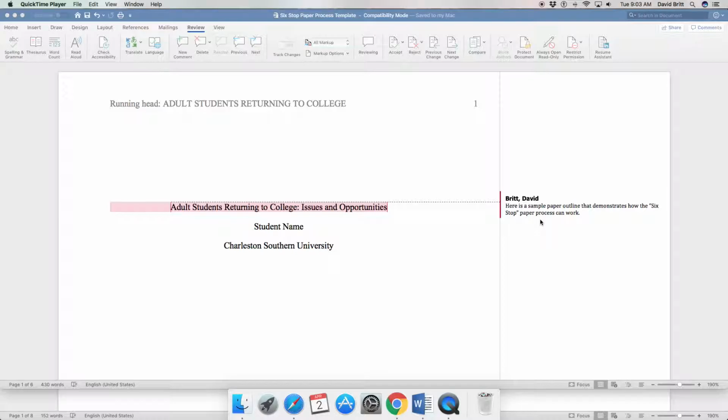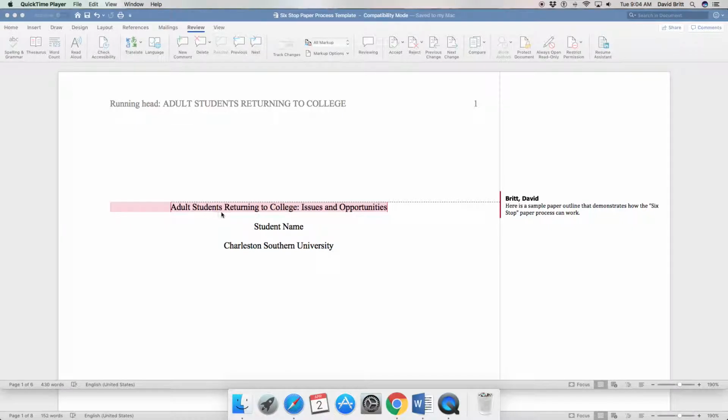I don't want you to just drop your stuff into the templates that I provide, because that takes away some of your academic freedom. But I wanted to demonstrate for you how this six-stop process can work as it relates to this particular exercise.